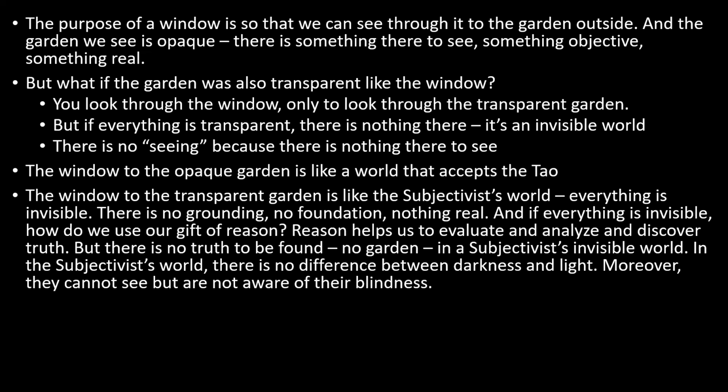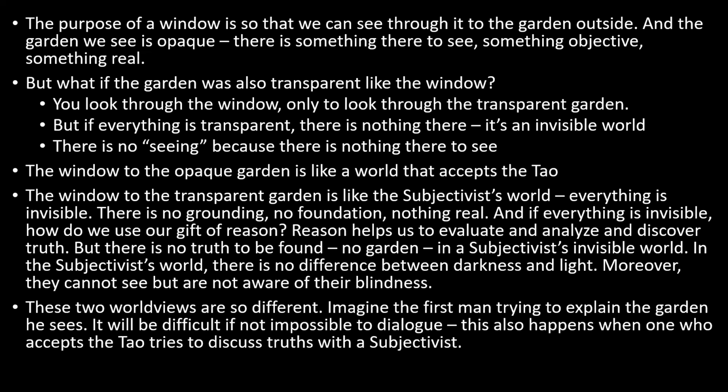Reason helps us to evaluate and analyze and discover truth, to discover reality. But there is no truth to be found. There's no garden in a subjectivist's invisible world. In the subjectivist world, there's no difference between darkness and light. Moreover, they can't see, but they're not aware of their blindness.